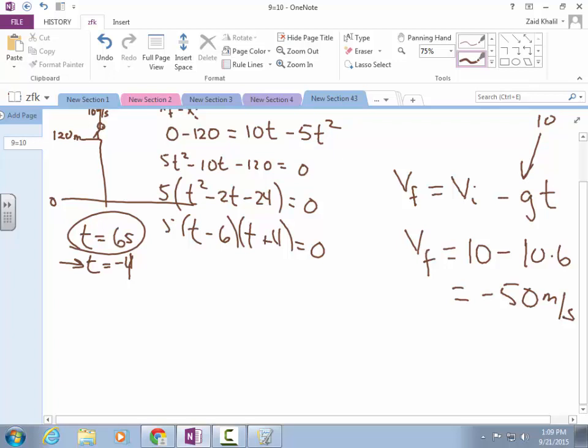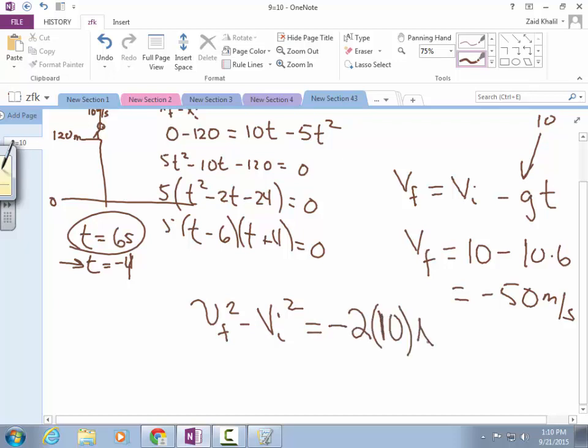Because if I can find the highest position, then the distance would be that change in position, absolute value, plus 120. So how can I do that? Well, second kinematic equation. Why? At the highest point, what is the instantaneous velocity? 0. So we have VF squared minus VI squared equals negative 2 times 10 times delta x.